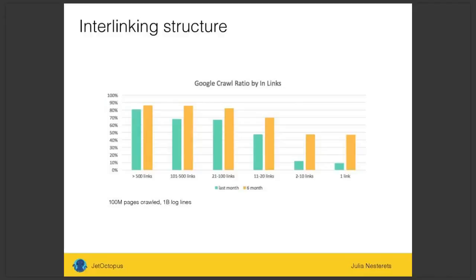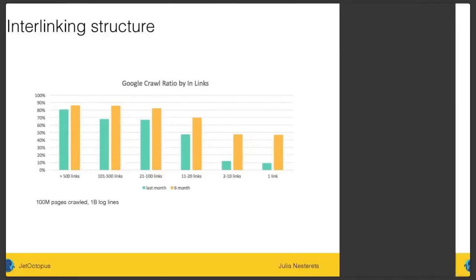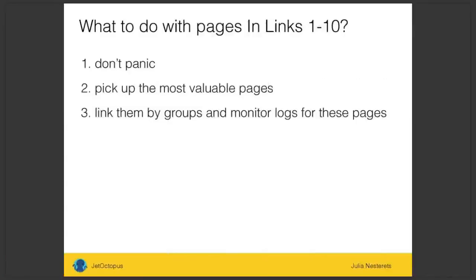And you can easily see that for pages with 10 or 20 links, the crawl ratio is like 50%, and pages with up to 10 links have a really low crawling ratio. What to do? First of all, don't panic. Pick up the most valuable pages from the list and link them by groups and monitor logs for these pages. So monitor the changes of bot behavior.